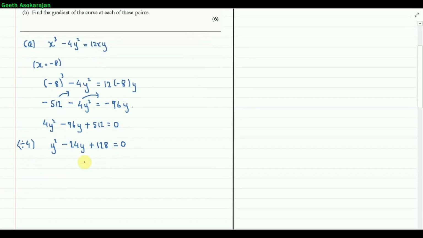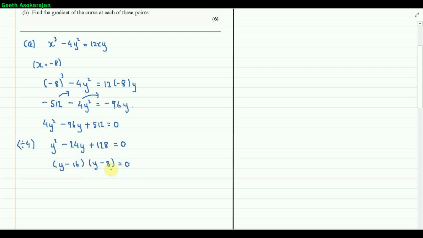Looking at this quadratic, you can solve it using the quadratic formula, or you can factorize. It's possible to factorize here. I imagine the factors would be y minus 16 and y minus 8.